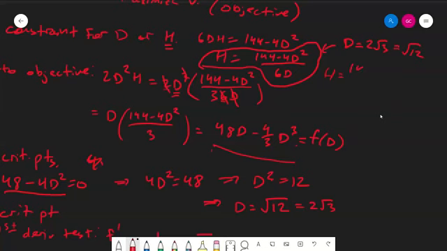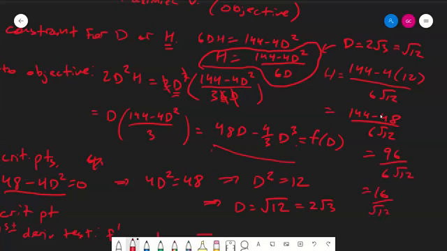So h becomes 144 minus 4 times 12, right? That's what root 12 squared is, divided by 6 root 12. So that's 144 minus 48 over 6 root 12, and now we just have to simplify things. That's 96 over 6 root 12, which is 16 over root 12.